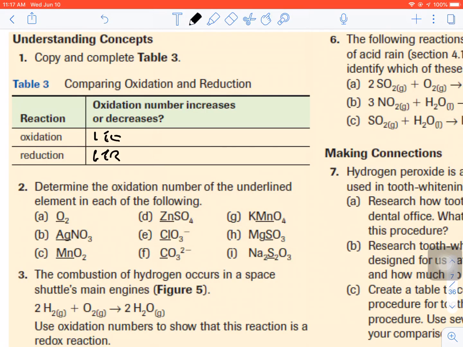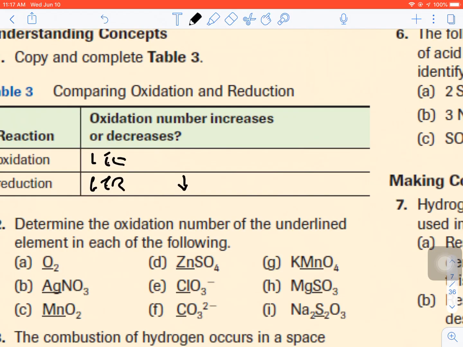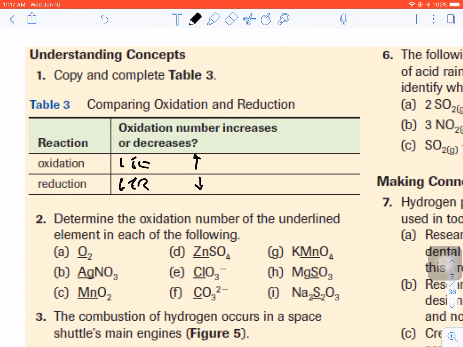So if I am losing electrons, that means I'm becoming more positive, and my oxidation number is going to go up. Let's go the other way. If I'm gaining electrons, I'm gaining negative charge, meaning I'm becoming more negative, which means my oxidation number is going down. Okay, so there's the first question.